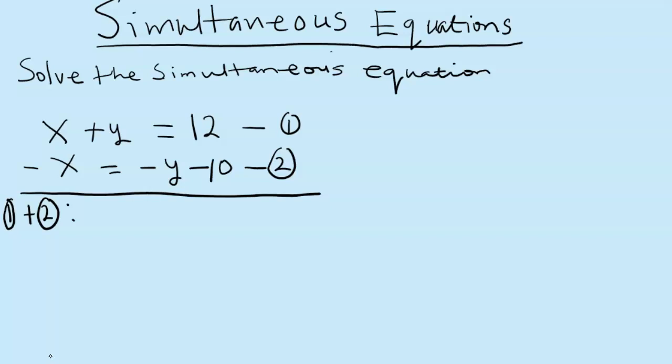It doesn't have any component down here, so y. And then here there is no y, but we have negative y here, and here we have 12 and negative 10. So when we add them, you're going to get 2. So plus 2.